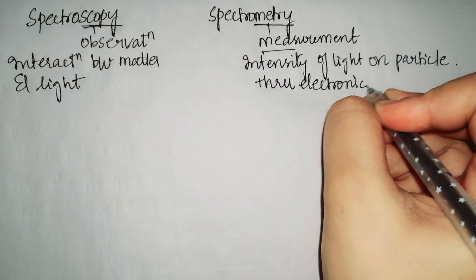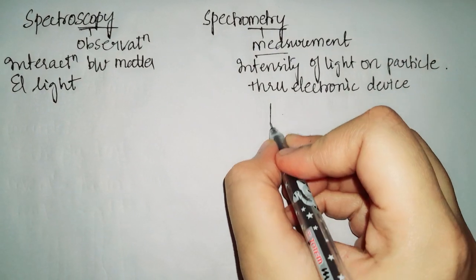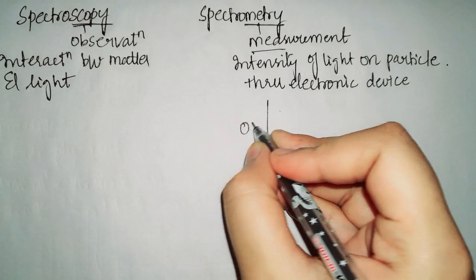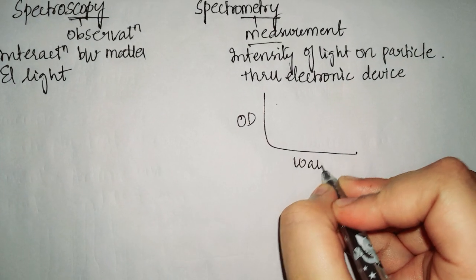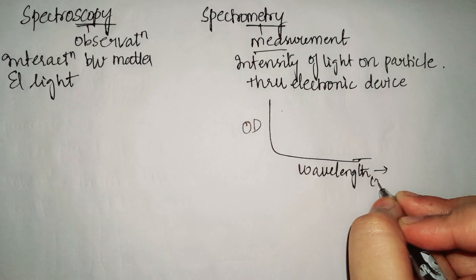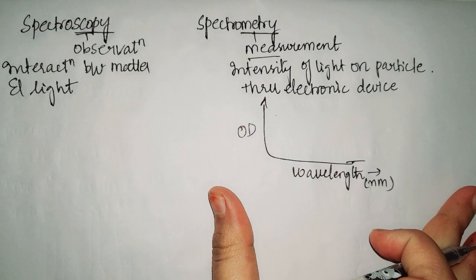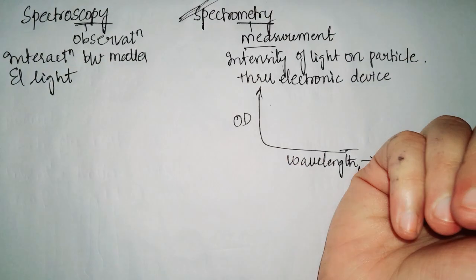And we take those measurements and plot a graph of OD against wavelength in nanometers. So we are doing this, that's called spectrometry.